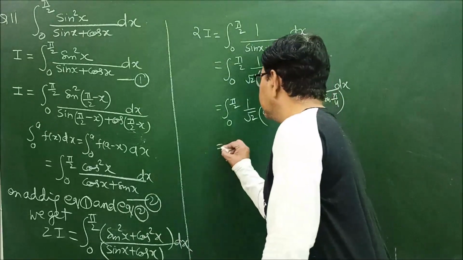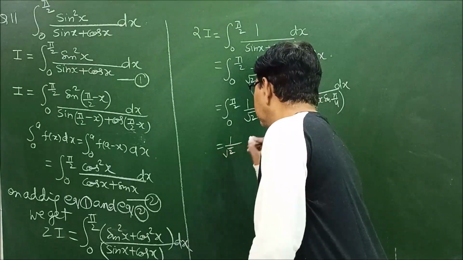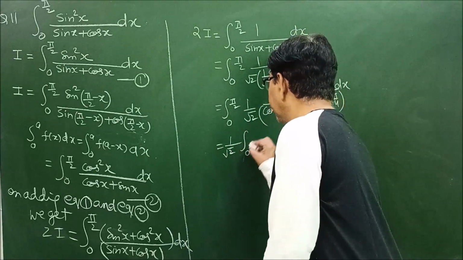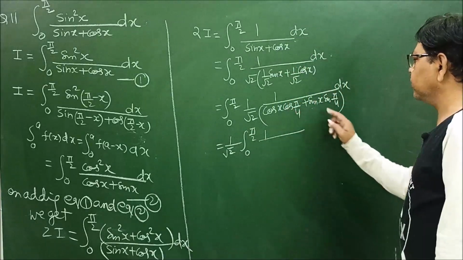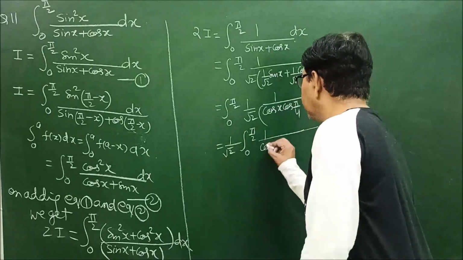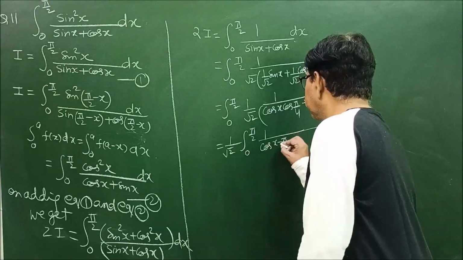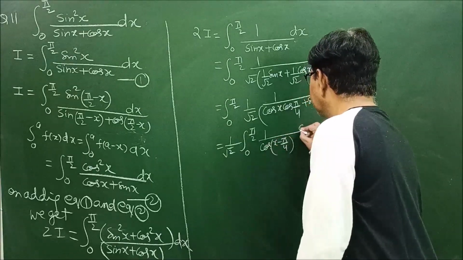So this is equal to 1 upon root 2, the integral from 0 to pi by 2 of 1 upon cos of x minus pi by 4 dx.